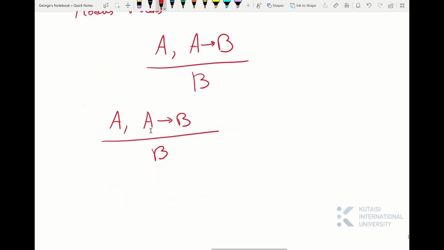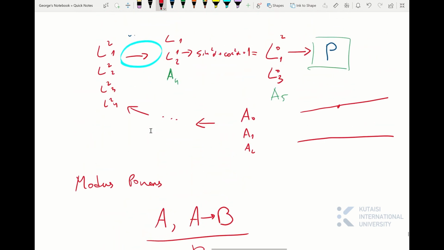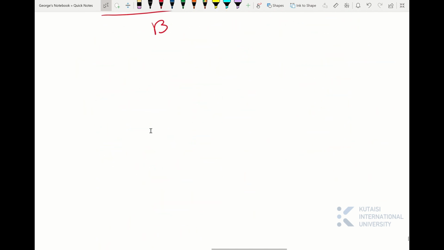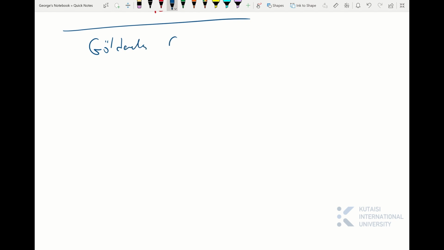And now we are going to be concerned with building things like this, but we're going to do it for natural numbers. So instead of Pythagoras' theorem, let's think of natural numbers, and let's think of something that is not proven. So let's take Goldbach's conjecture.